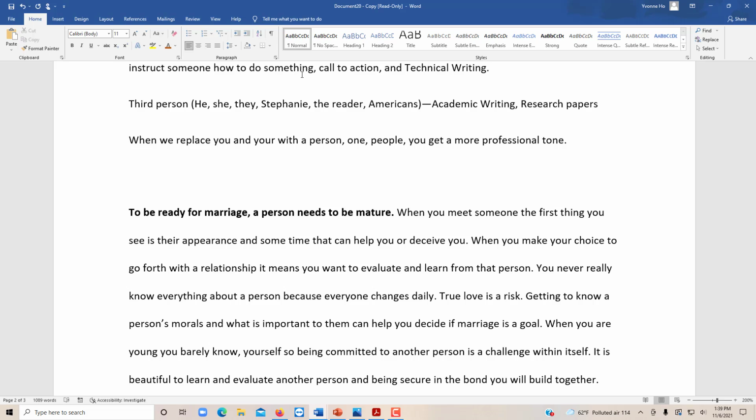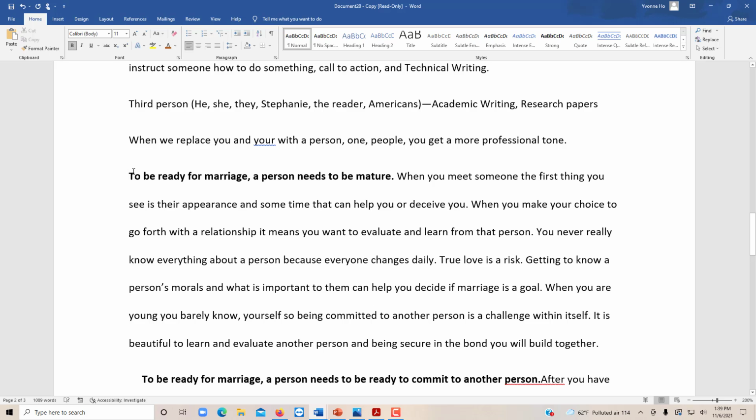Okay, as an example, here's the original of what a student wrote. To be ready for marriage, a person needs to be mature. And then she wrote, when you meet someone the first time, what you see is their appearance. And sometimes that can help you or deceive you. When you make your choice to go forth with a relationship, it means you want to evaluate and learn from that person.